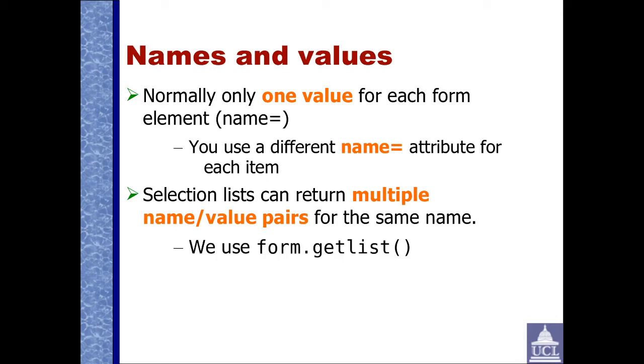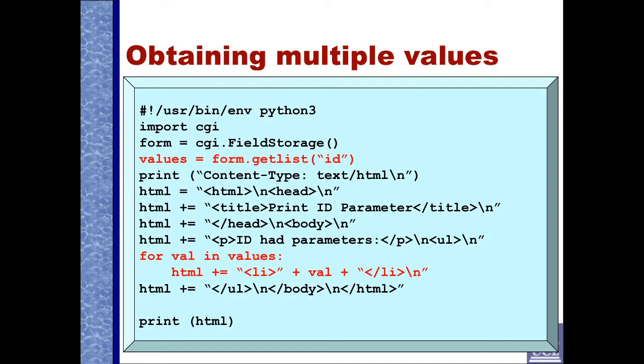However, things like the selection list, so you saw the pull-down menu and then the associated scrolling list, can return multiple name-value pairs for the same name. And in that case, we use form.getlist. Here's an example.